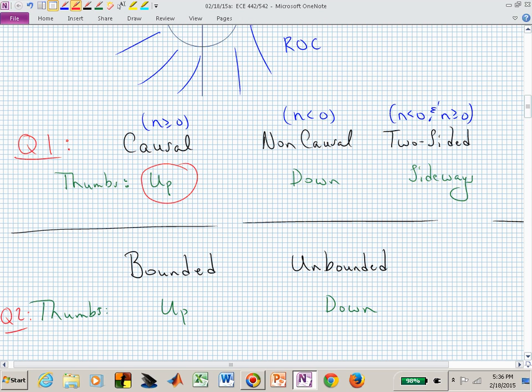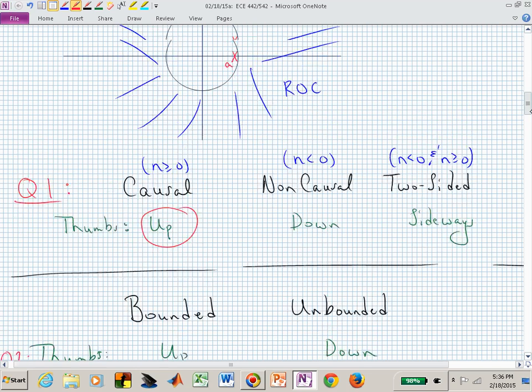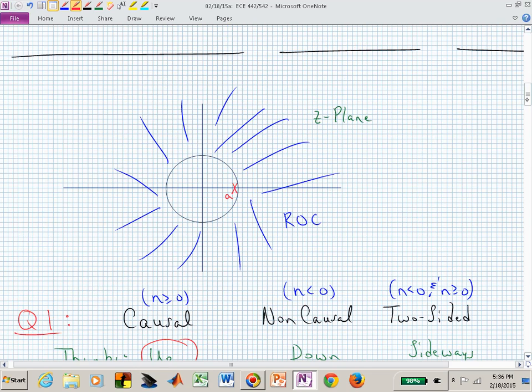Ready? Question: is the circle the unit circle? Is anybody else worried about that or concerned about that? I didn't label it, did I? It's not necessarily the unit circle.